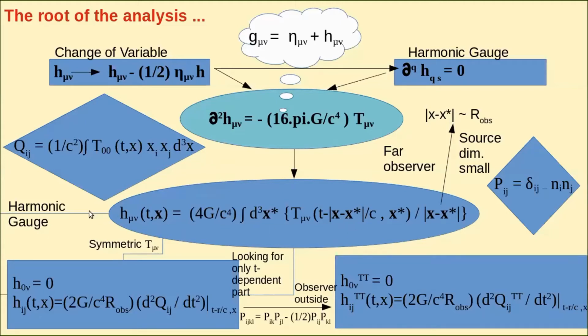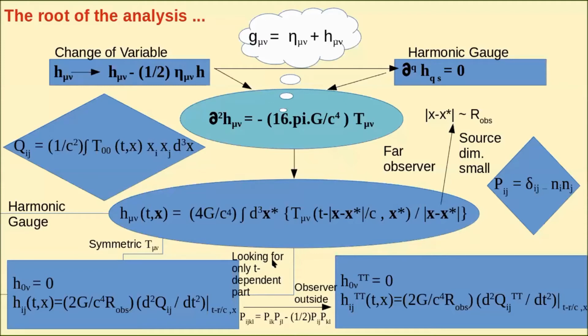Then by taking advantage of our harmonic gauge and the symmetry of the T mu nu metric and looking for only the t dependent part, I will come to this part now.